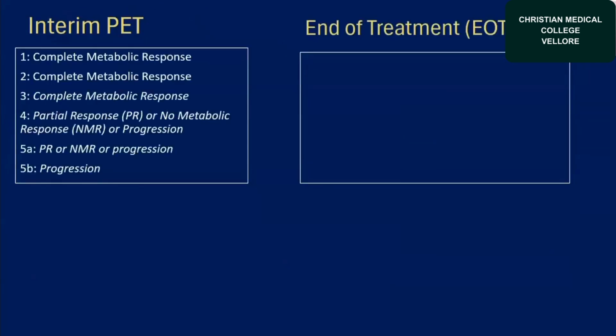So the time point scale that we offer at the end of interim PET is, 1 to 3 means there's a complete metabolic response. But for a score of 4 and 5, we have to mention if it is 4 with a partial, no metabolic response, or a progression. So both components should be mentioned in the score, not just a 4 or a 5 score. We need to mention how the SUV has decreased compared to the baseline scan.